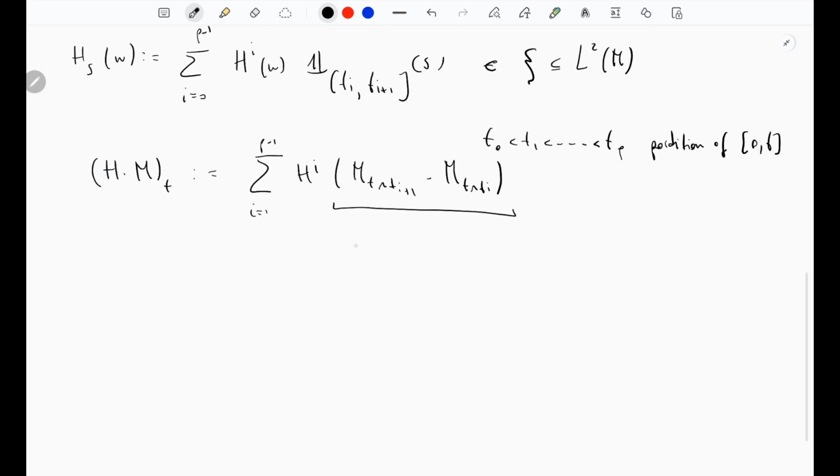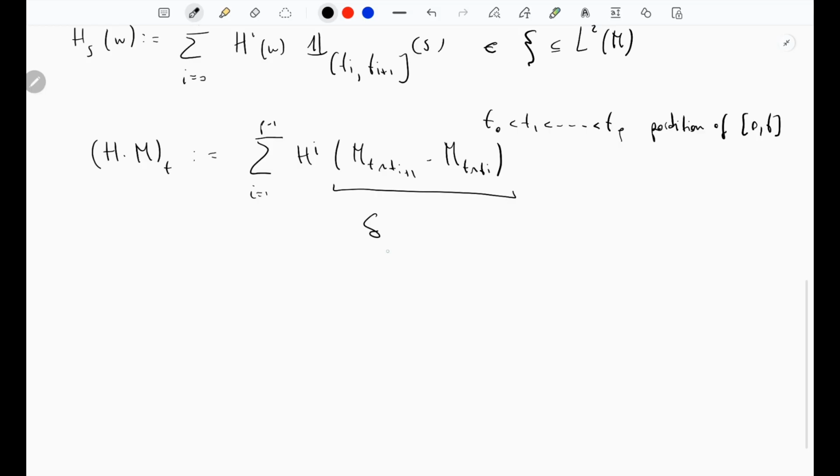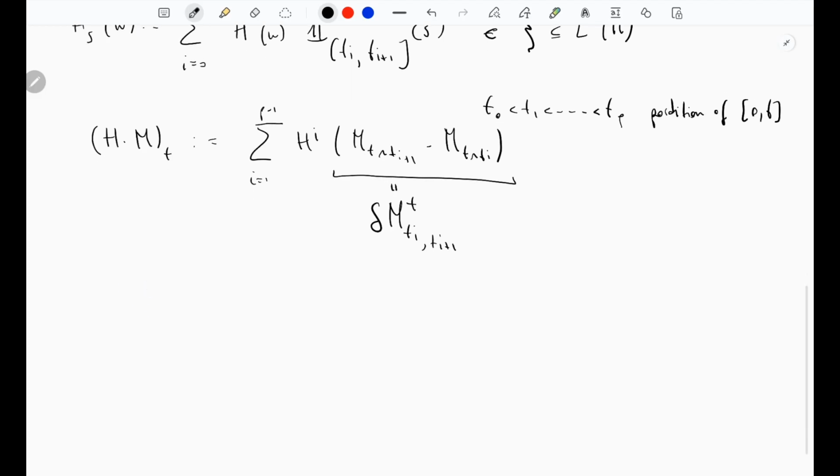So you can also write it using this notation right here. This would be M_{t_{i+1}} stopped. Okay, same notation. So this would be the integral of the elementary process. Excuse me.